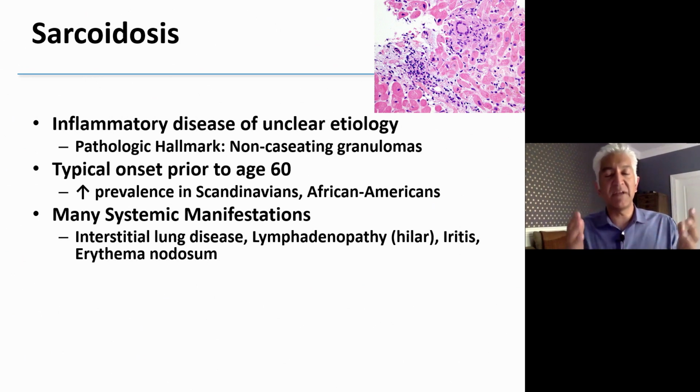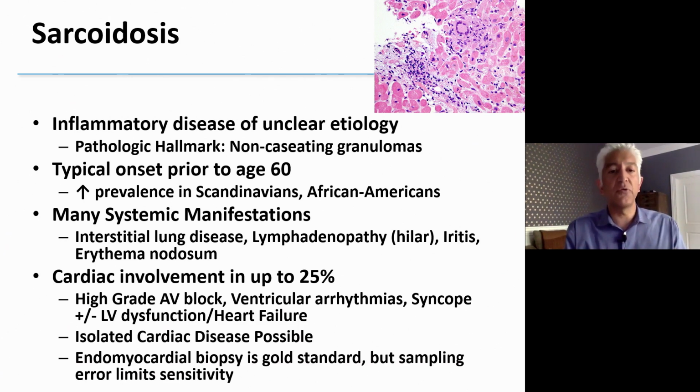This is a systemic disease that may have lung manifestations, lymphadenopathy manifestations, eye manifestations, skin manifestations, but can also involve the heart in about a quarter of patients. And the classic presentation is with heart block or ventricular arrhythmias in association with LV dysfunction and heart failure. Sometimes this is a disease only in the heart and not elsewhere in the body, but it's often part of the systemic disease.